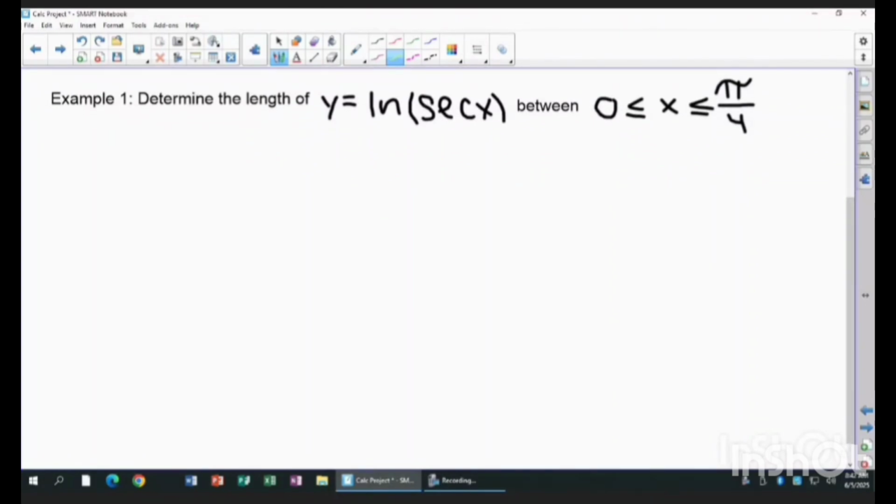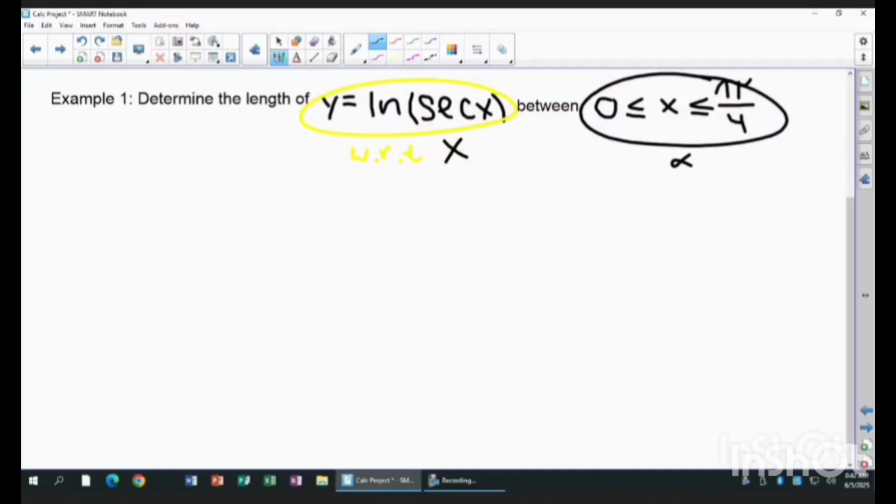Determine the length of y equals ln secant x between 0 less than or equal to x less than or equal to pi over 4. So first we want to see what it's with respect to. It's with respect to x, and your interval is also with respect to x. That's very simple.